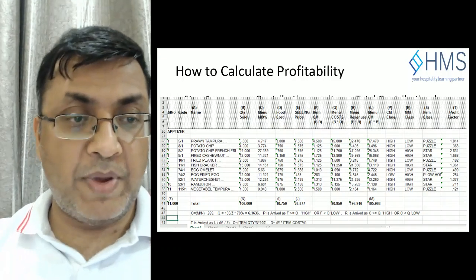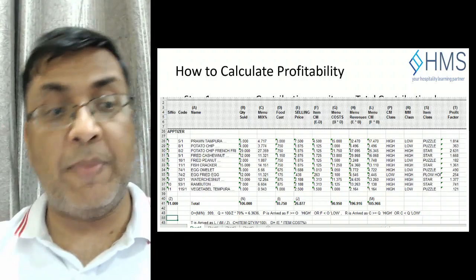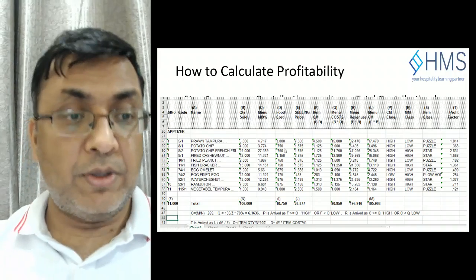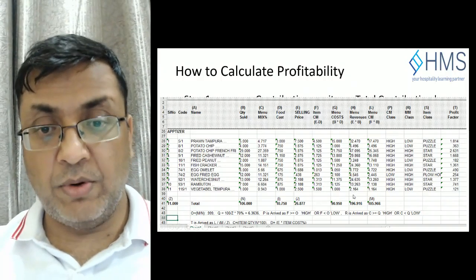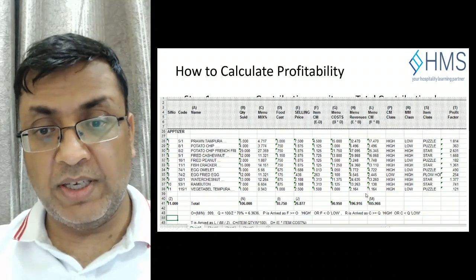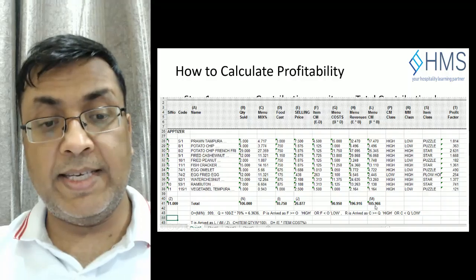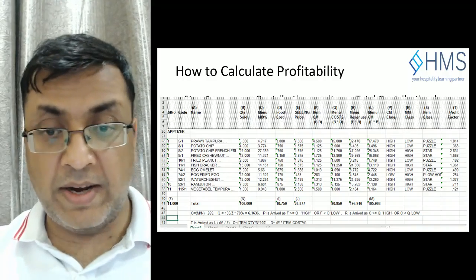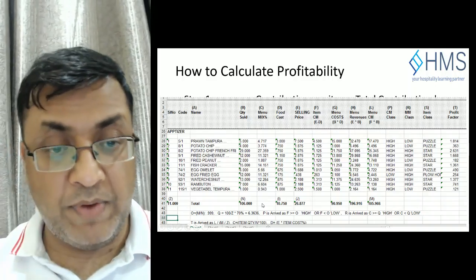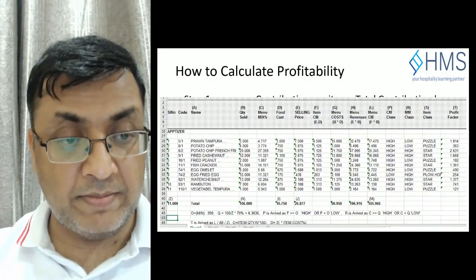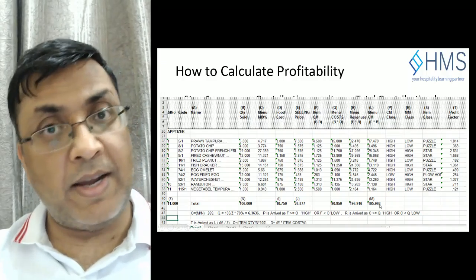So let us compare here. As you can see, I have used another group, appetizer, here instead of salad. You will be able to see the menu total contribution here. The menu contribution is 105,966. The total number of items sold is 106. So the average profit for the item becomes 999.